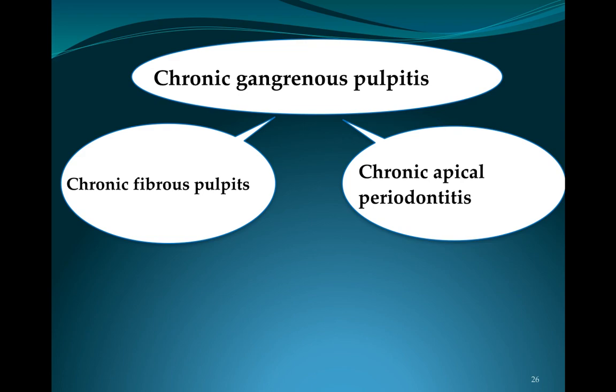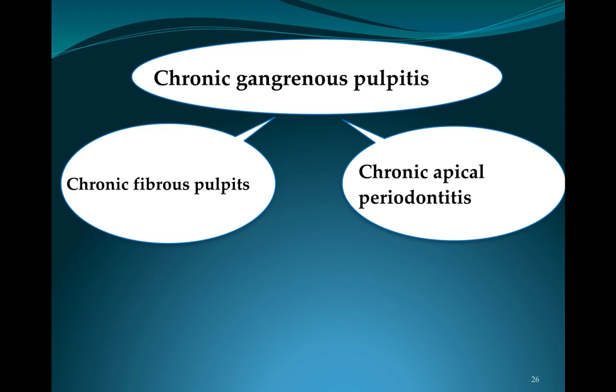But when chronic gangrenous pulpitis, pulp is necrotic partly, and after probing a little bit of pain may arise, not sharp pain, dull pain. But when chronic apical periodontitis, probing or checking with some endodontic tools is without any pain, because all pulp is necrotic.